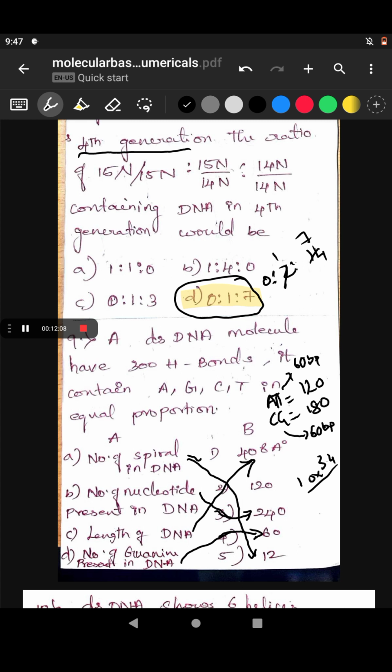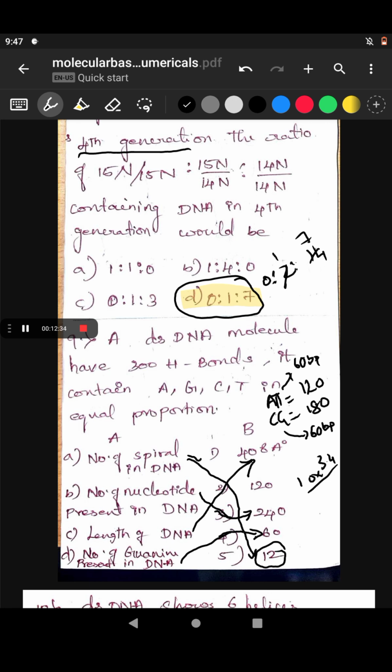Between adenine and thymine there are 120 hydrogen bonds, so there are 60 base pairs, and likewise 60 base pairs for cytosine and guanine. Totally 120 base pairs are there for 300 hydrogen bonds. Converting 120 base pairs into spirals gives 12 spirals, because every spiral has 10 base pairs.